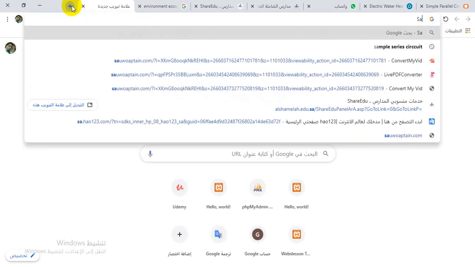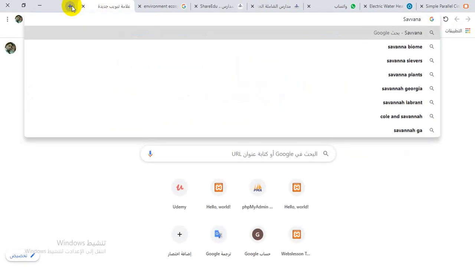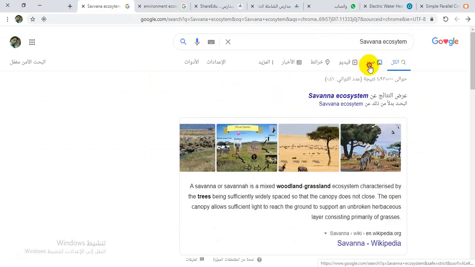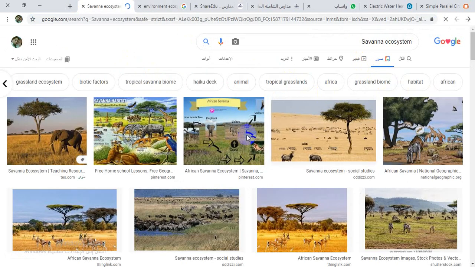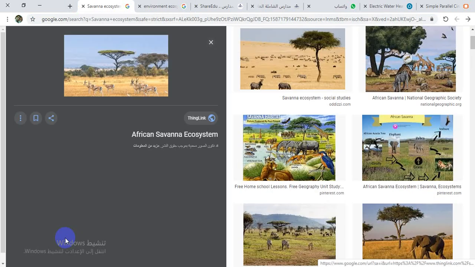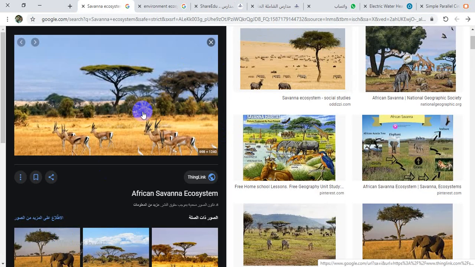Savanna ecosystem. This is the example of a savanna ecosystem. This one or this one. All of these are examples of savanna ecosystem where you can find deer, elephants, tigers, or sorry, lions here in Africa.